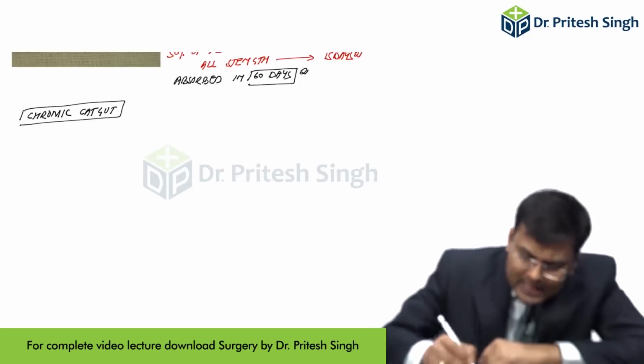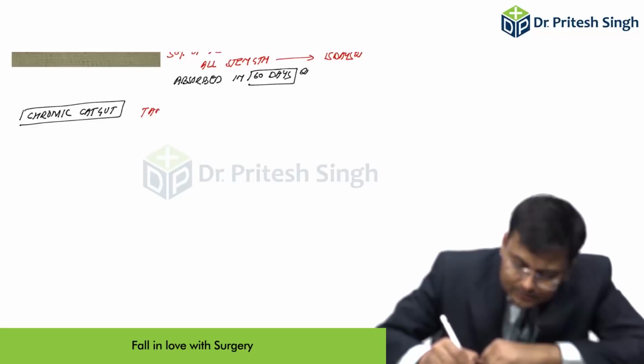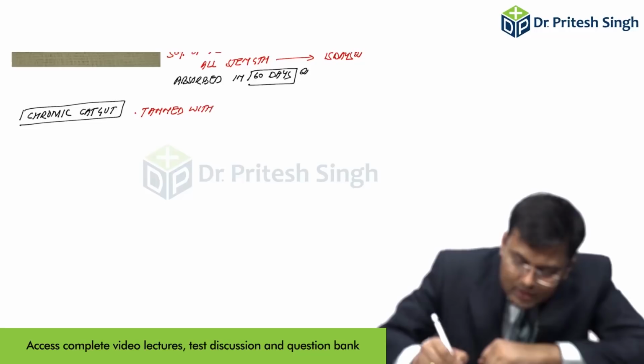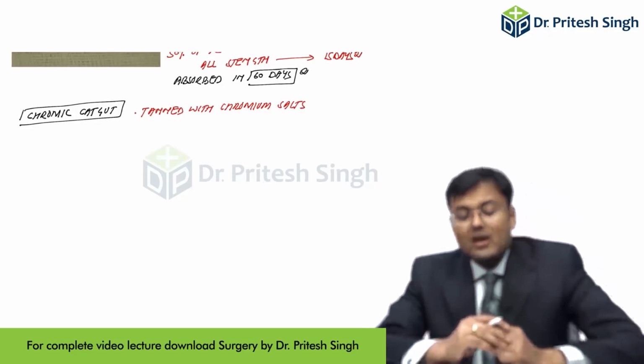In this case, catgut suture is tanned with chromium salts, and that's why it's known as chromic catgut. Why?